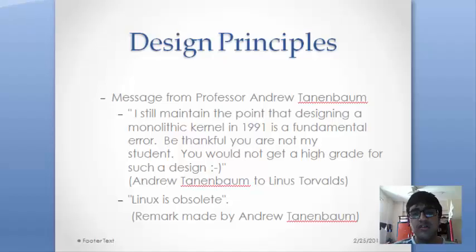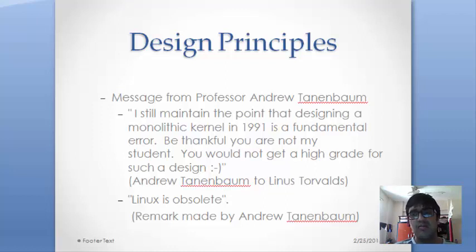Now moving on to the design principles of Linux. Linus started this operating system as a hobby, and he just wanted to do it because he wanted to do it. He didn't see any commercial application on the lines of Microsoft. There was this Professor Andrew, who had made the Minix operating system.